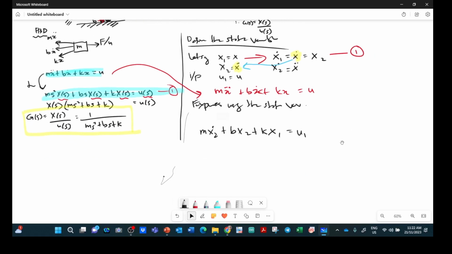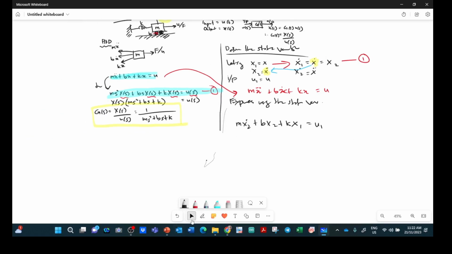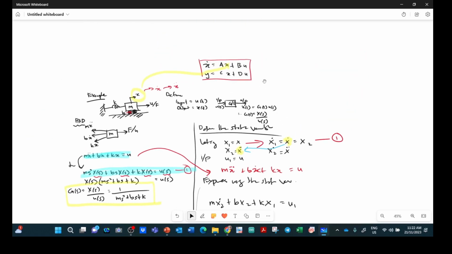Alright, so from here, now we can write out the state equation. The state equation is this one, just now.